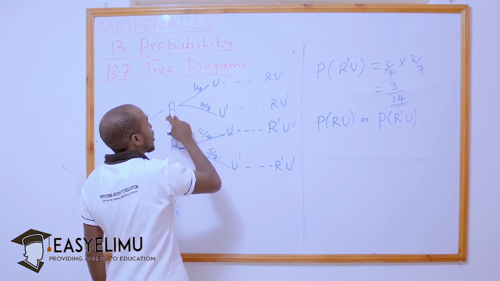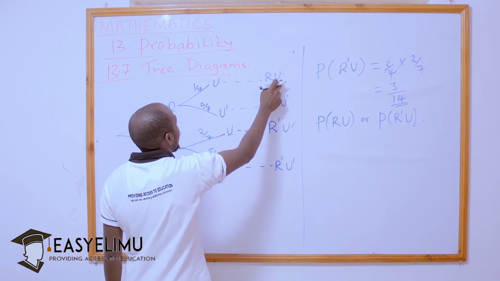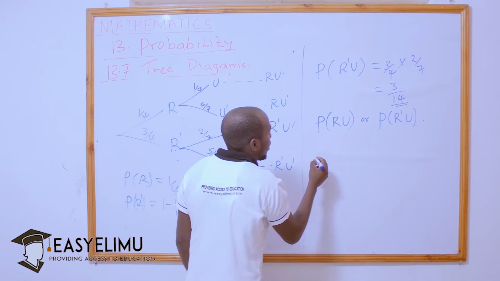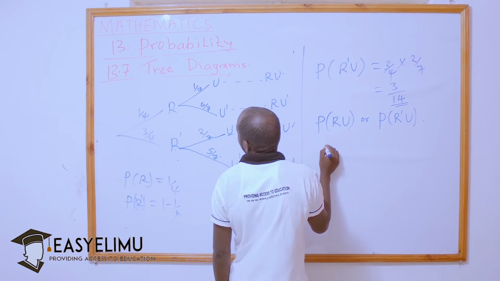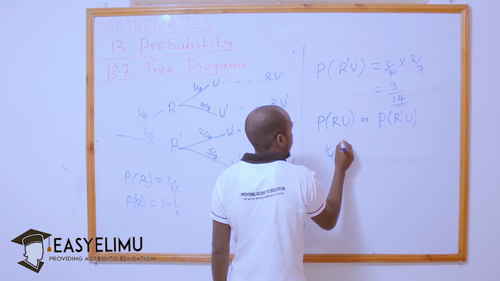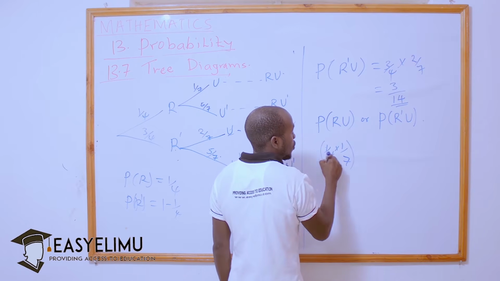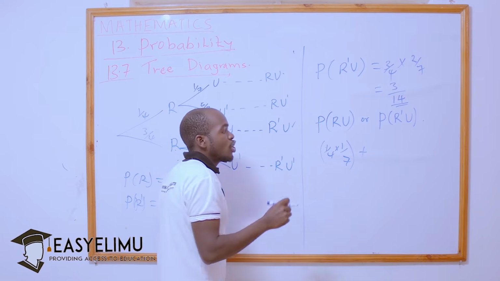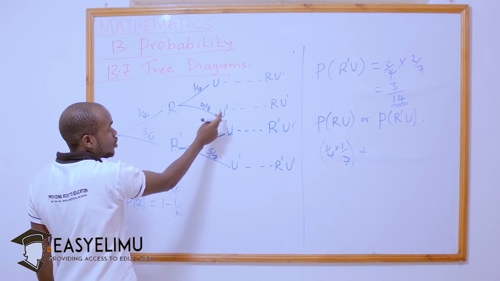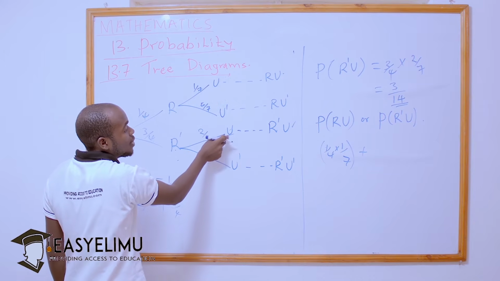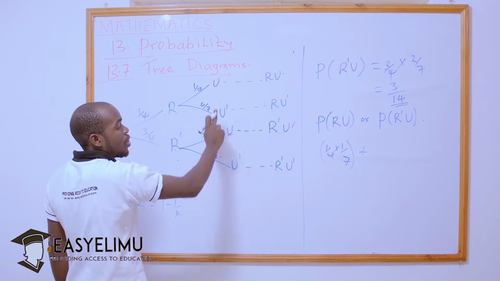So if it is raining and carries an umbrella, you will find it a quarter multiplied by 1/7, and this one we shall add to not raining and carries an umbrella because we are moving from one tree branch to another one. So from here to here we shall add, but along we multiply.